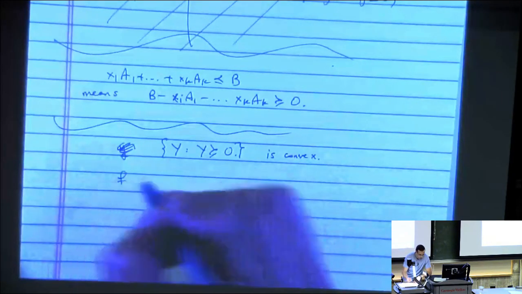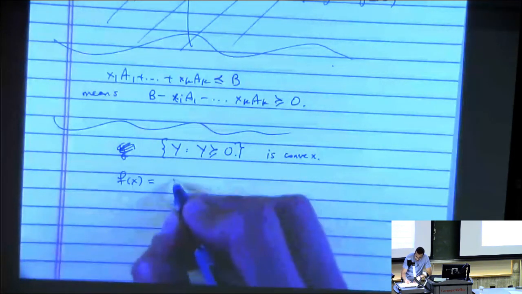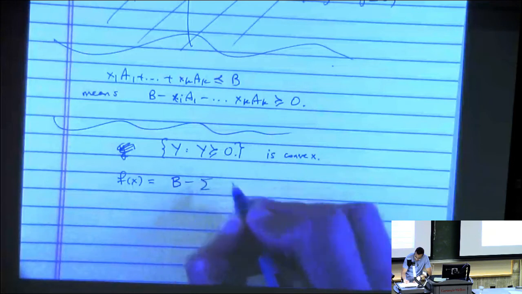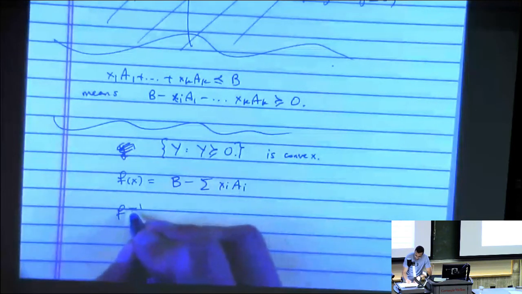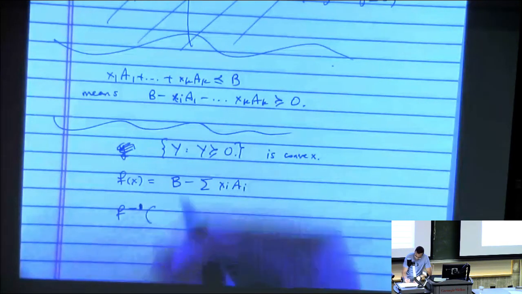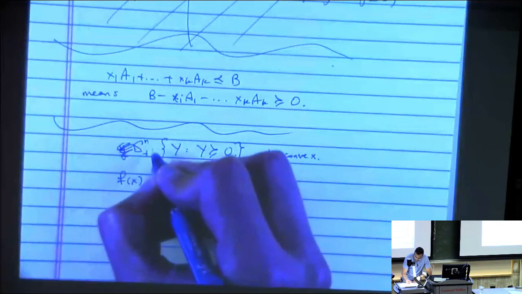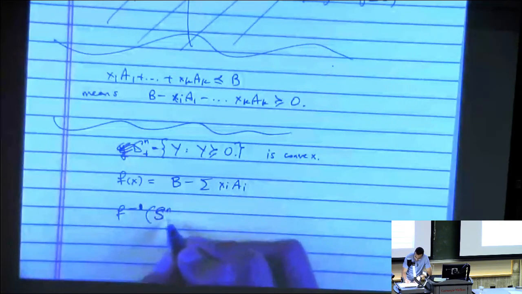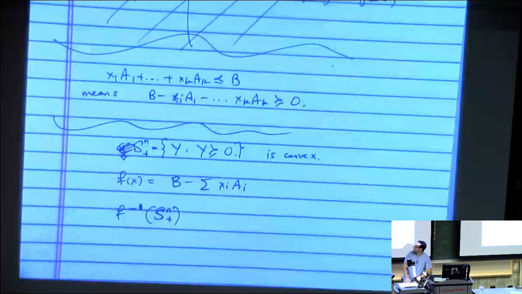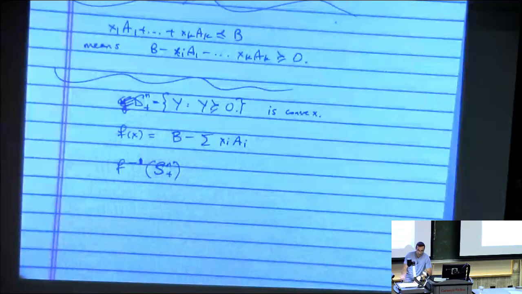And if I define f of x to be the function b minus the sum of xi Ai, and I look at f inverse of the set, remember our notation for this was S^n_+, I look at the preimage of this set under this map. That is exactly our set.